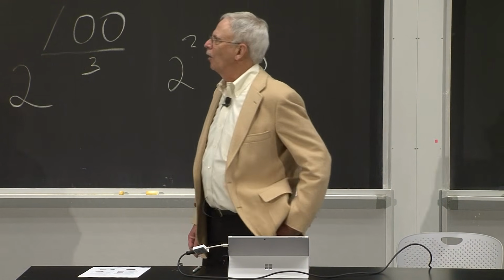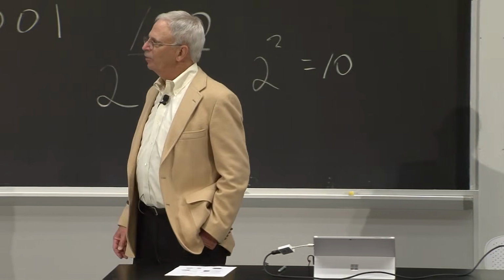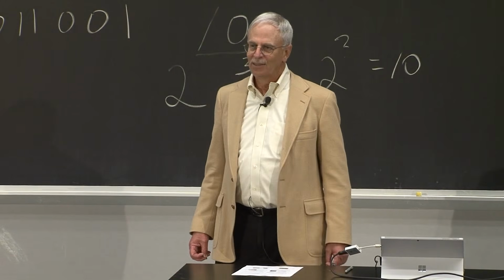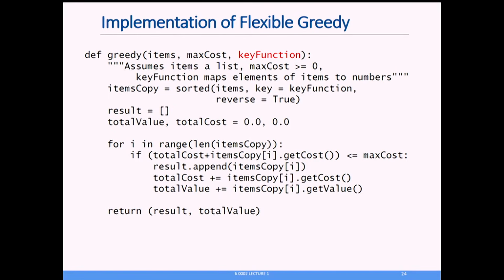Now comes the fun part. Here's an implementation of a greedy algorithm. I called it a flexible greedy, primarily because of this key function over here. So you'll notice in red, there's a parameter called keyFunction.